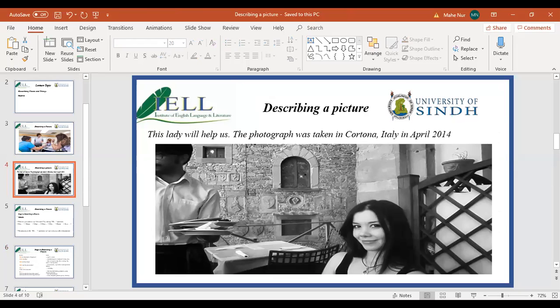Yes, people. When was this photograph taken? In summer, ma'am. Exactly, in summer. It already says April 2014. Why do you think that this photograph is taken in summer?